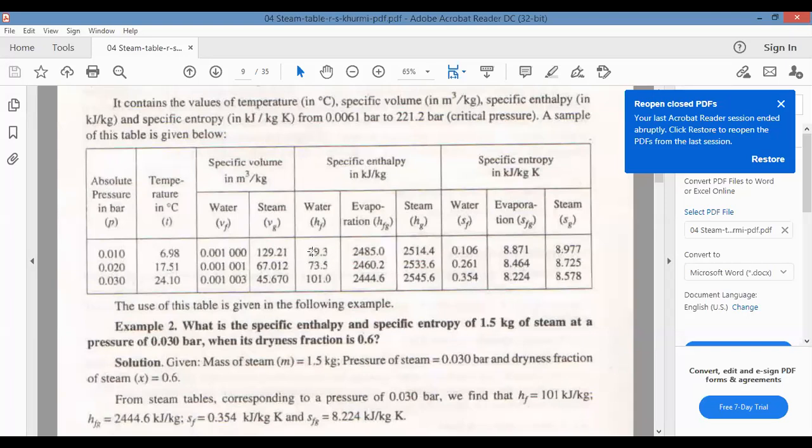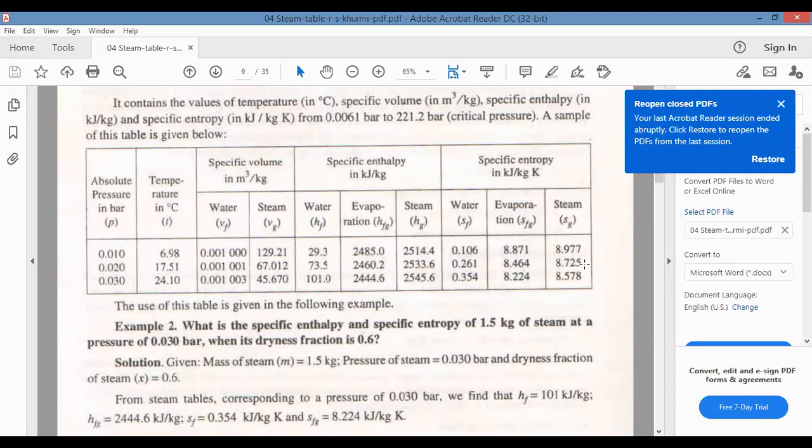How much would be the latent heat required for converting this liquid water to dry saturated steam? It would be 2485 kilojoules per kg. What is hg? It is the specific enthalpy of the dry saturated steam at 0.01 bar. Similarly, the entropy of dry saturated steam at 0.01 bar is 8.977 kilojoules per kg Kelvin.